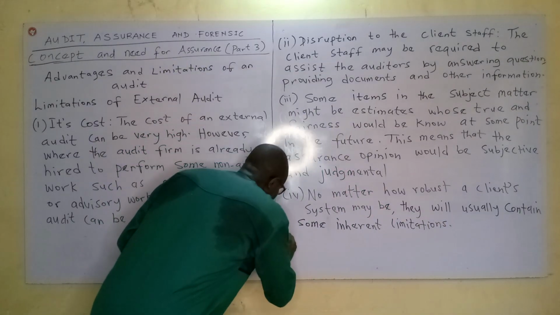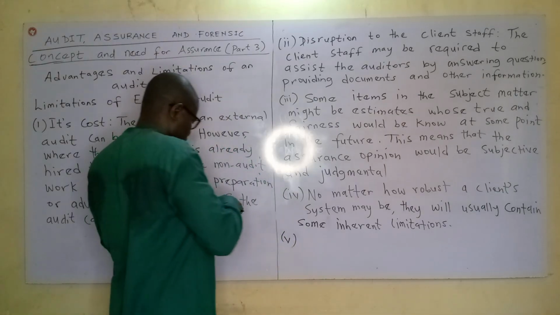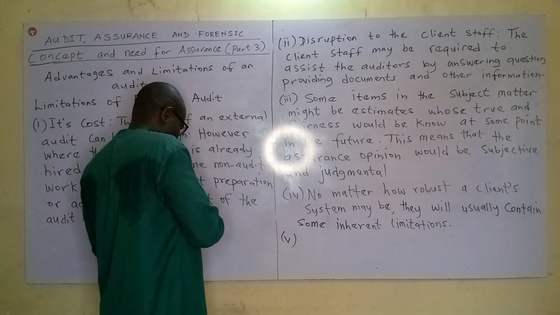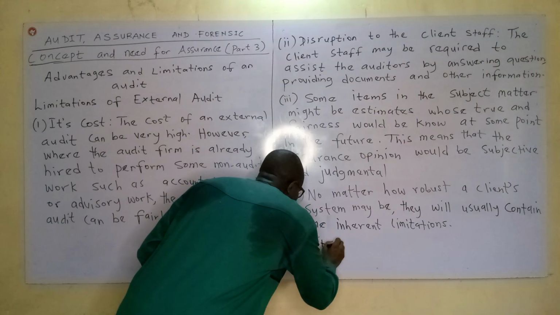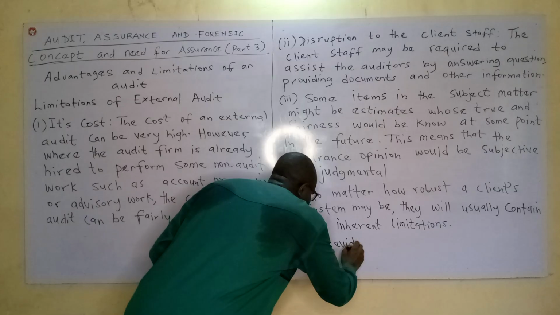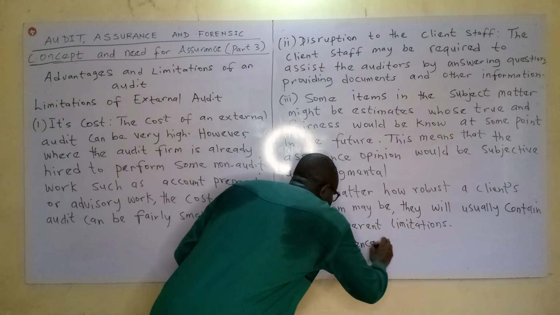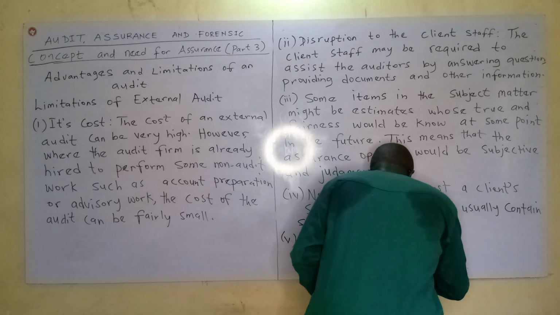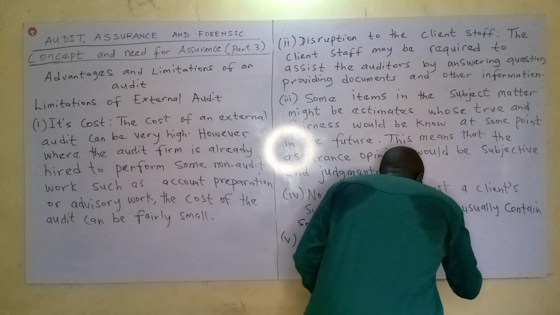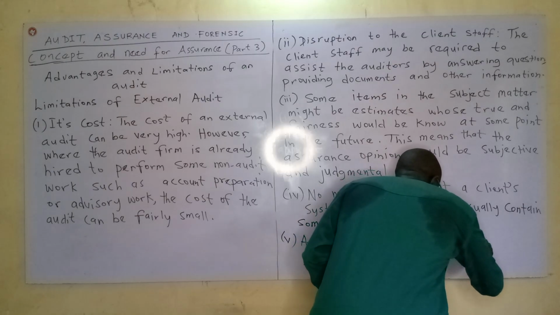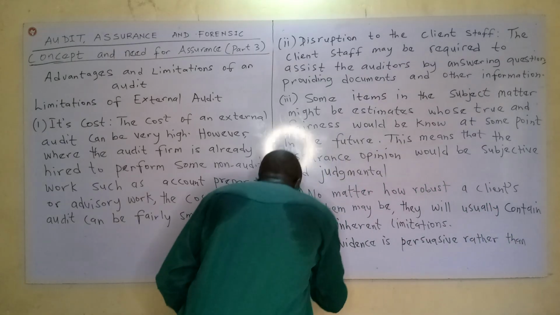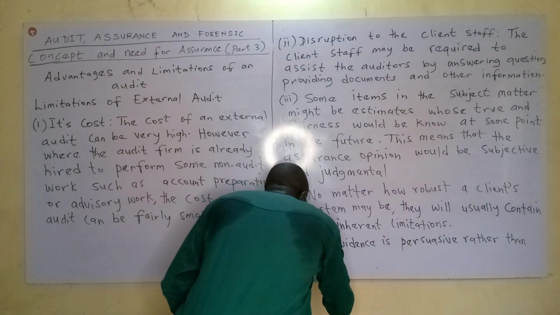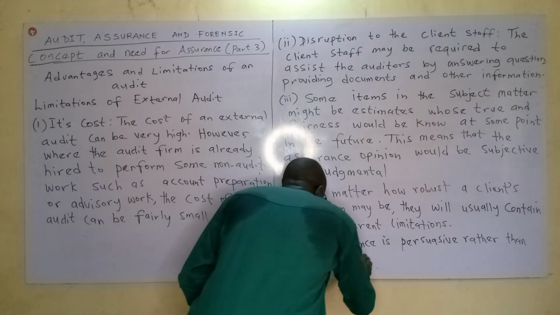Then lastly, 5, audit evidence is persuasive rather than conclusive. Full stop.